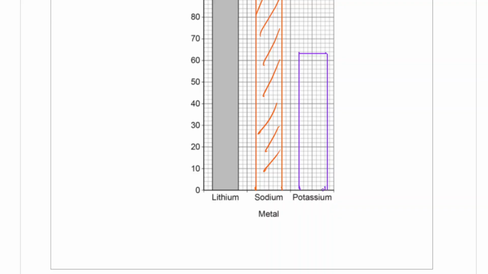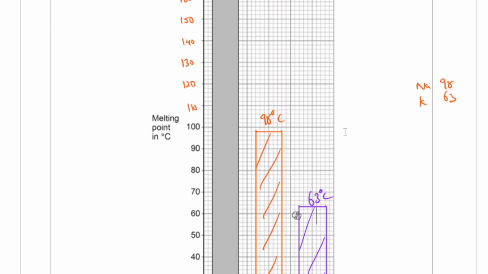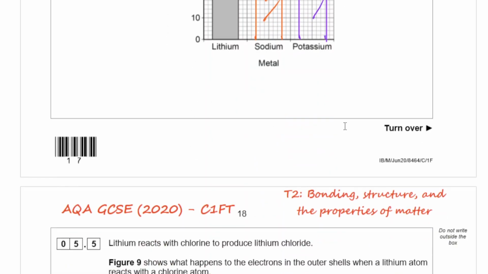Slightly thicker than what I want. There you go. And that's potassium at 63 degrees. You don't have to write the value. I'm just writing it so that you can see the values here.